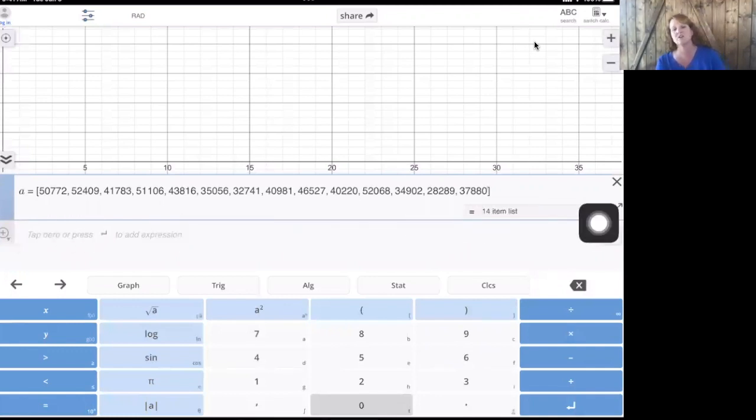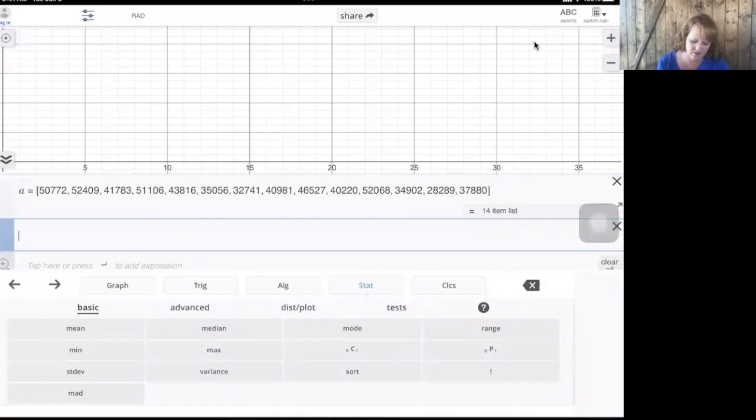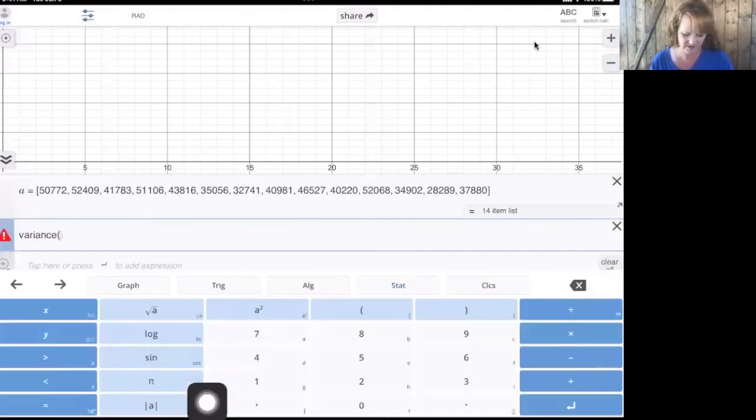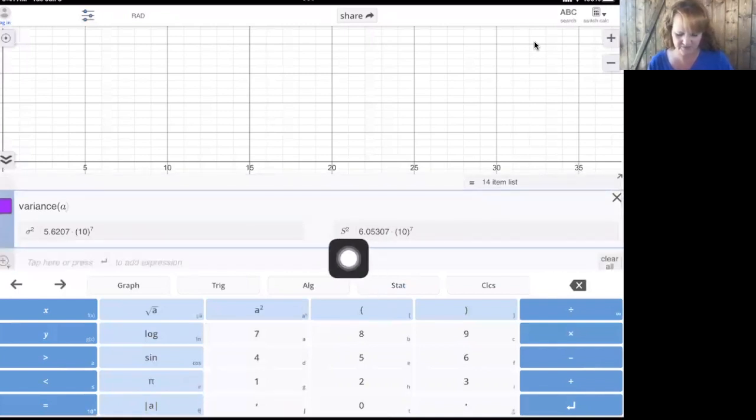If you're a TI, you're going to hit stat and edit and put your numbers in your L1 like we've done before. And then when I come down here to my second row, in class calc, it's under basic. And I just want the variance right here. So I'm going to hit that. And I want the variance of list A. And it's going to give me that. The sample variance is this.